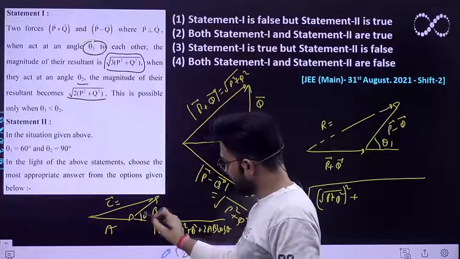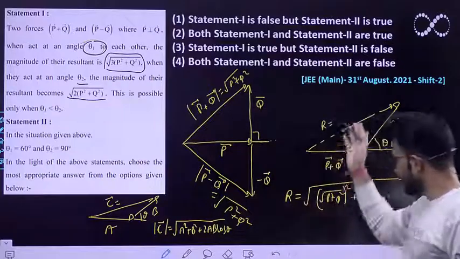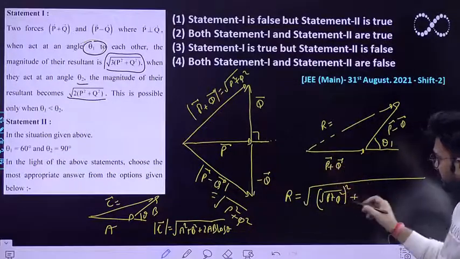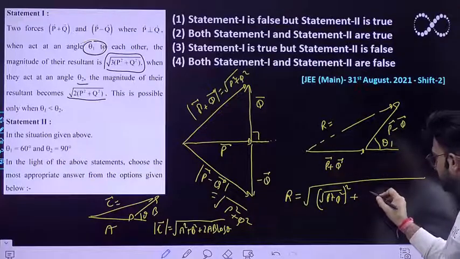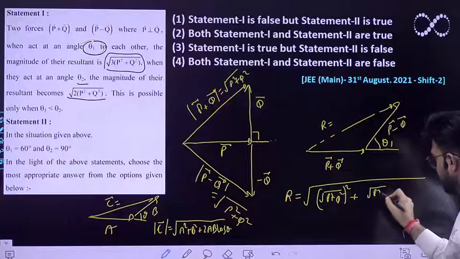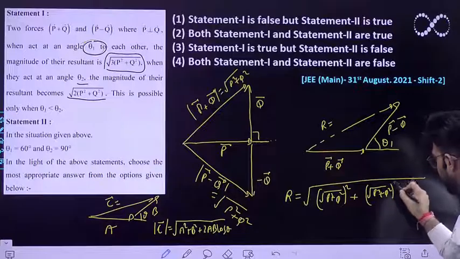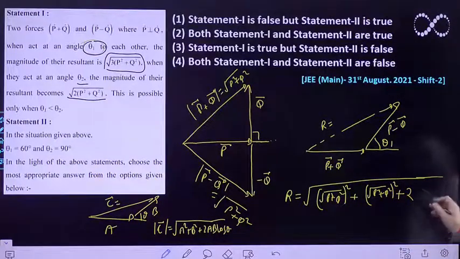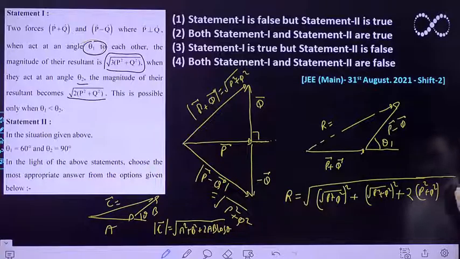Theta is the angle between A and B. So we are putting that expression in it, and eventually we will get the answer. So root of P square plus Q square whole square plus twice of this into this. So eventually you'll get P square plus Q square into cos θ1.